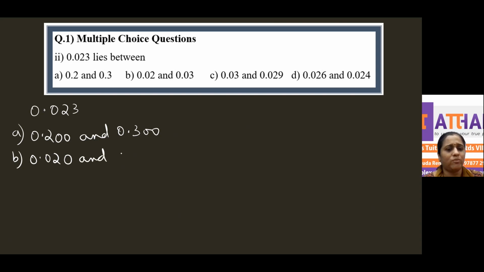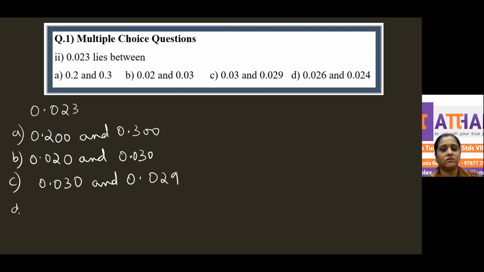Louder. And 0.030. Correct. Then option C. No zeros, no? And D? 0.026 and 0.26.